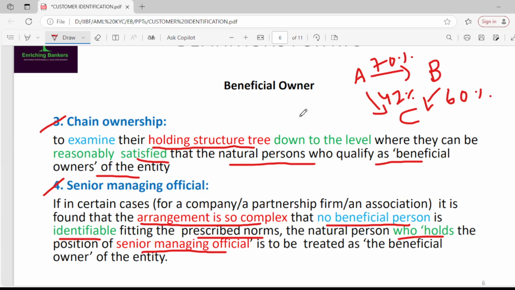Then you have to check which natural person qualifies to fit into the prescribed norms for beneficial owner. So to determine beneficial owner, you need to check according to prescribed norms who is going to qualify these prescribed norms.